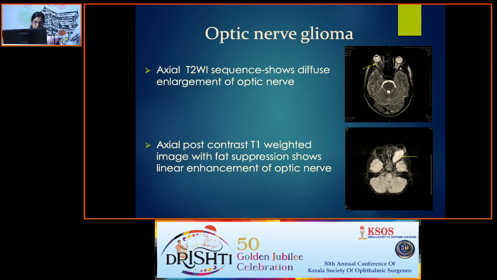And optic nerve glioma gives uniform fusiform enlargement of optic nerve. Here you can see a large optic nerve glioma extending intracranially. And in the left eye, you can see the fat suppressed image where you can see the normal optic nerve.